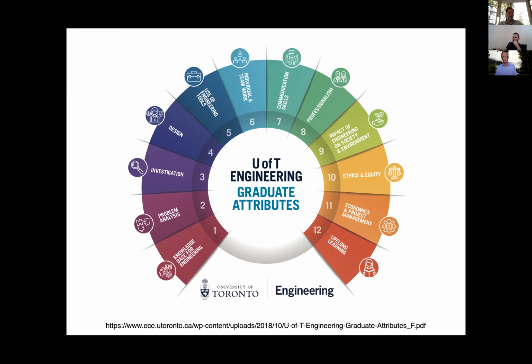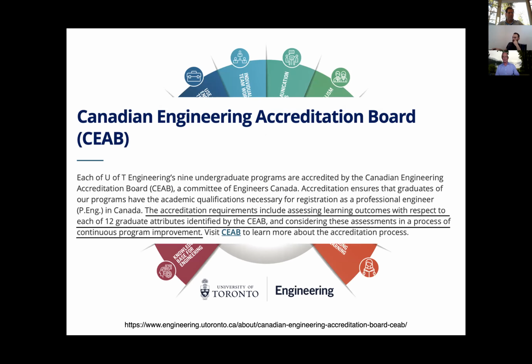For those of you who don't know, these are developed in accordance with the accreditation board's requirements that learning assessments with respect to each of the 12 graduate attributes be considered, and that if we as an institution cannot show that students have become trained in these areas, the CEAB will not give accreditation to the university.